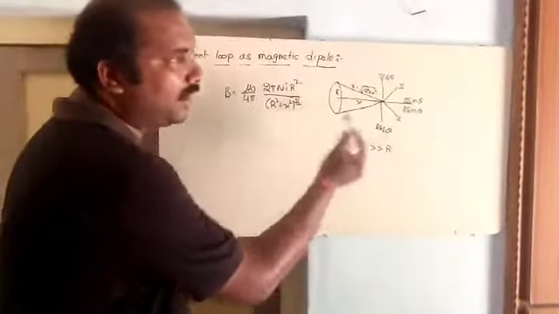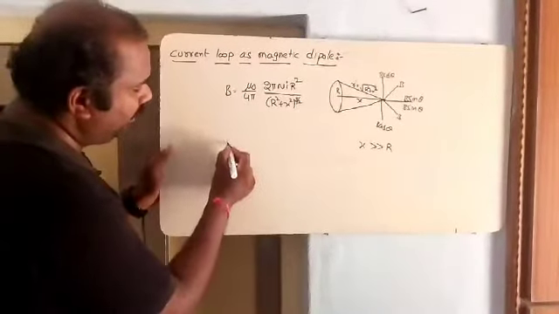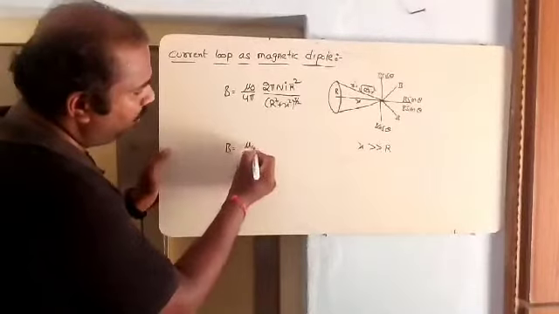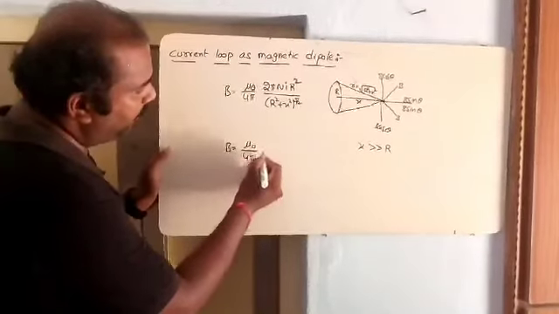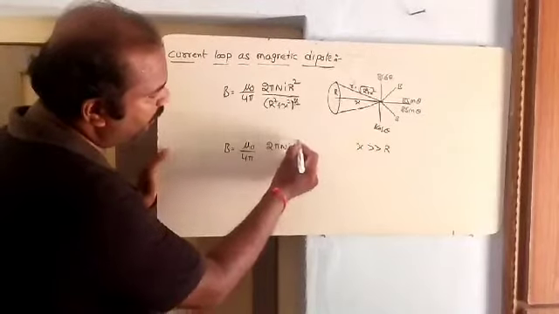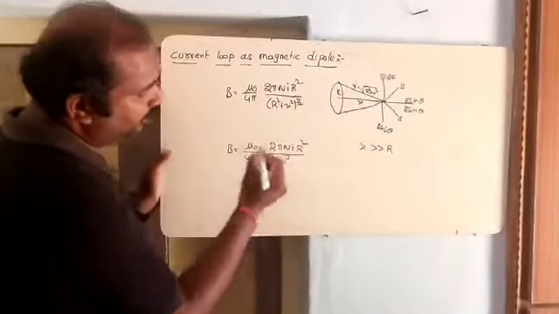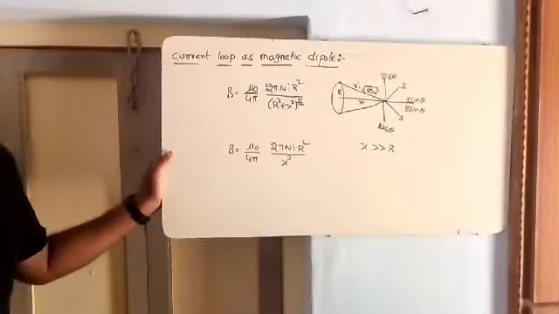Then we can neglect the r value, and the equation becomes B is equal to mu naught by 4 pi, 2 pi nI r square by x cube.